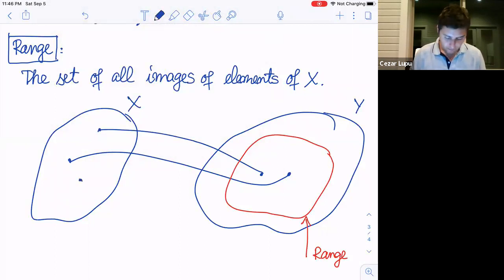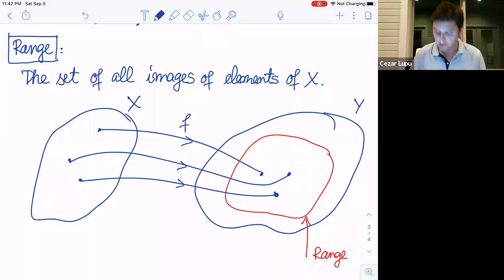Now let's take more elements. Let's say I take one from here. All of these are going through the function f. Keep that in mind. This function f takes elements from the domain x, and they are sent into the codomain y. Some of them will be in the range, some others will not. Let me take some others, maybe here, maybe here.